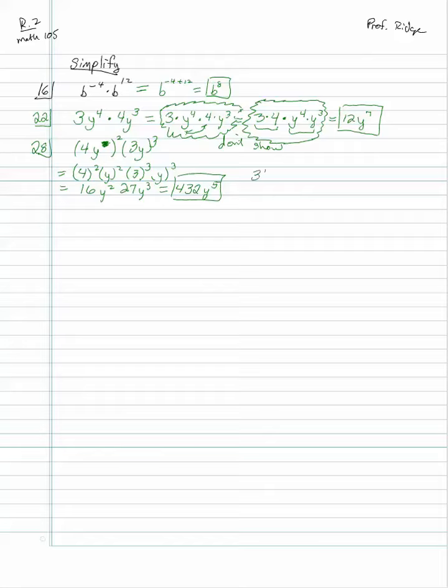Okay, for 36, I want to show you the alternate way I think of negative exponents. If you take a base and move it across the fraction bar, you can do that if you change the sign of the exponent. So I can think of this x to the negative 1 on the bottom, take it and move it to the top, and think of it as x to the 1 up there.